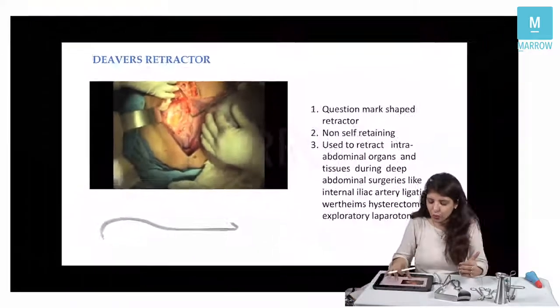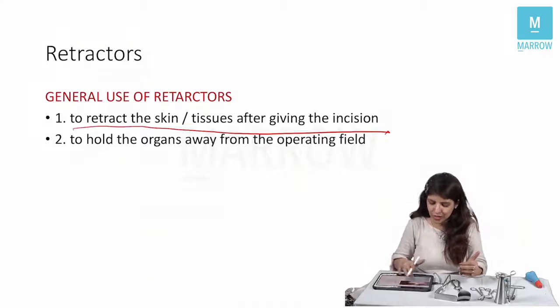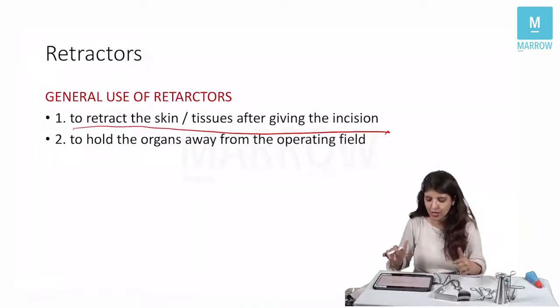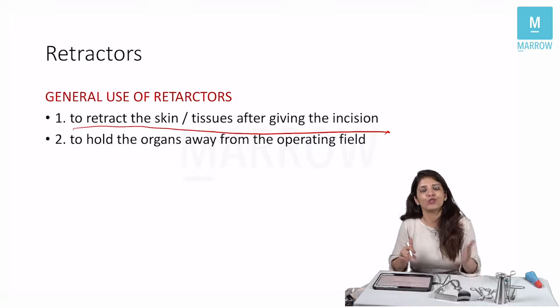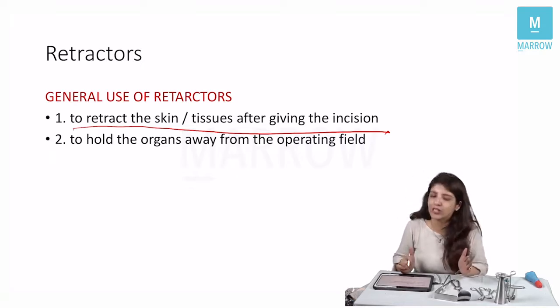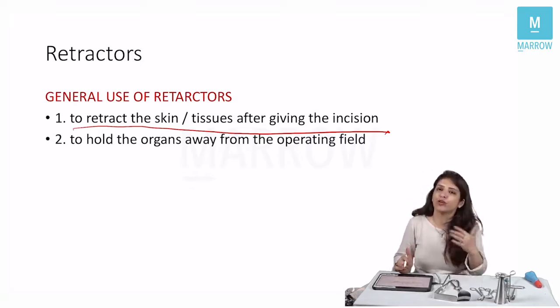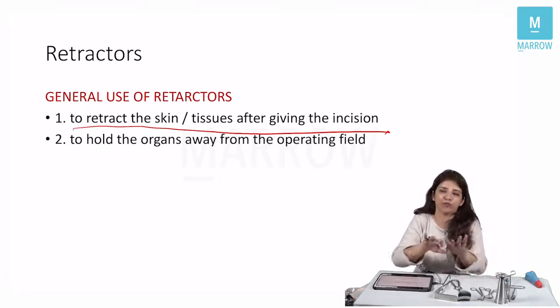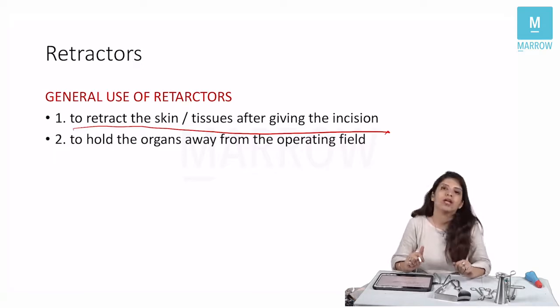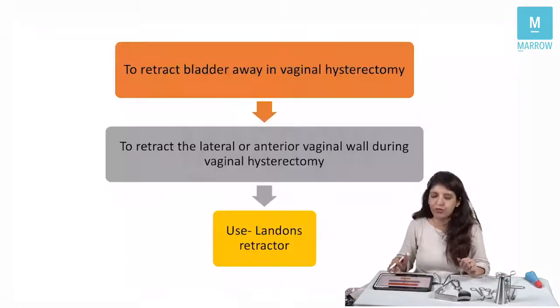So there are 2 basically uses of retractors, and for both these uses, we have different kinds of retractors, right? First, I'm going to tell you what retractors are used for keeping the organs away from the operating field. Now, when we talk about keeping the organs away from the operating field, one organ which instantly comes to my mind is the bladder, right?